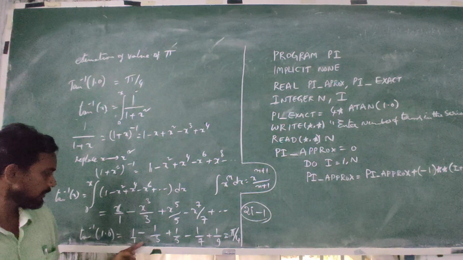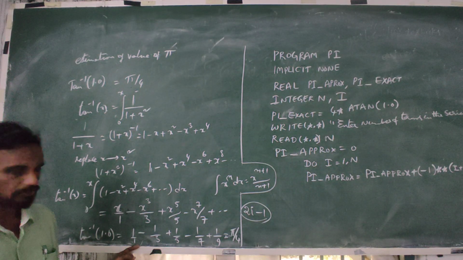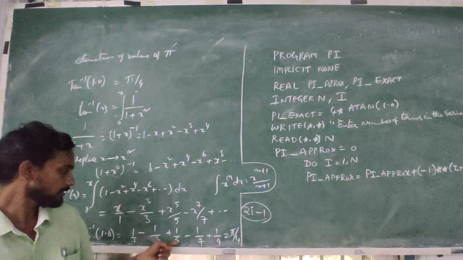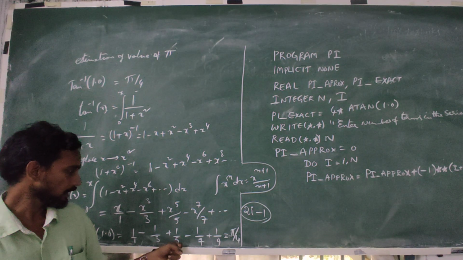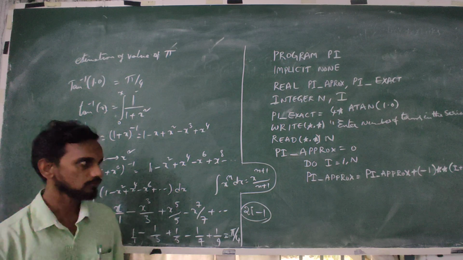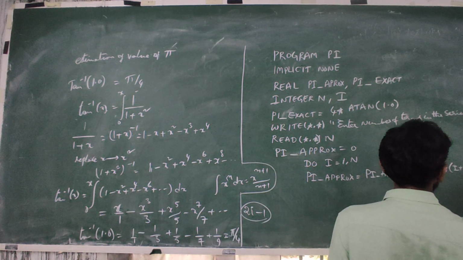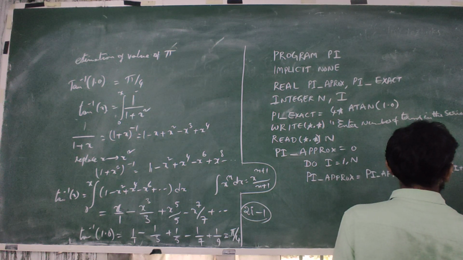I is equal to 1, 2i minus 1, 1. I is 2, 4 minus 1, 3. I is 3, 6 minus 1, 5. So 4 by 2 star I minus 1.